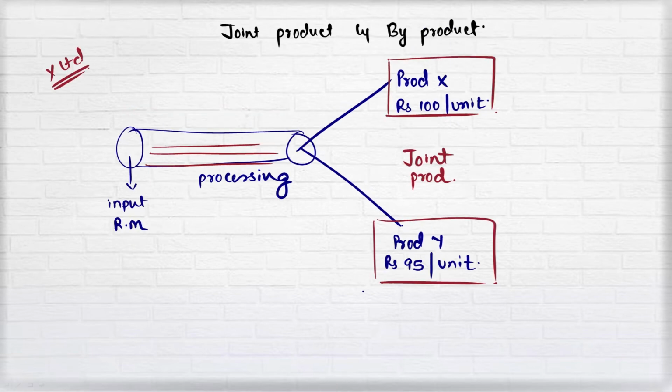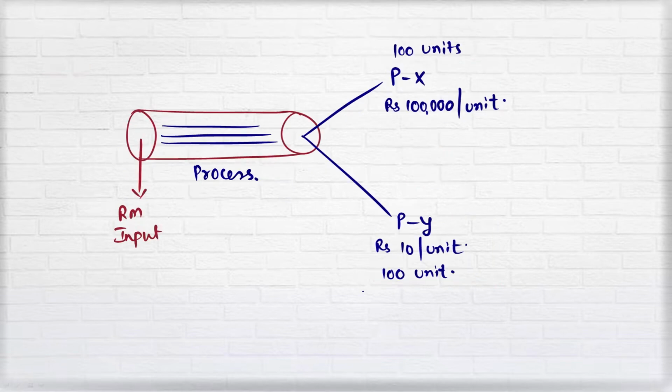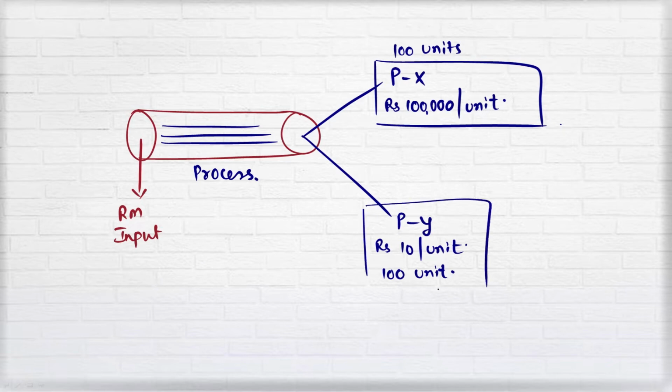The graph looks the same, whether it is a joint product or a byproduct. But understand, here the objective of the business is to manufacture product X. The objective of the business is not to manufacture product Y. It is automatically manufactured and can be sold at a scrap value of rupees 10, a very minimal amount as compared to product X. The process is such that product Y is automatically manufactured and has very little value.